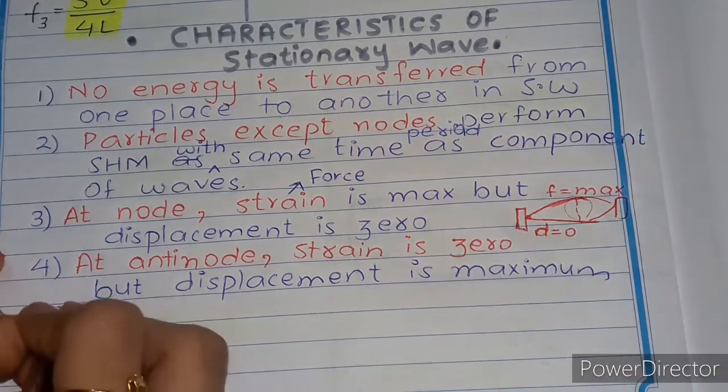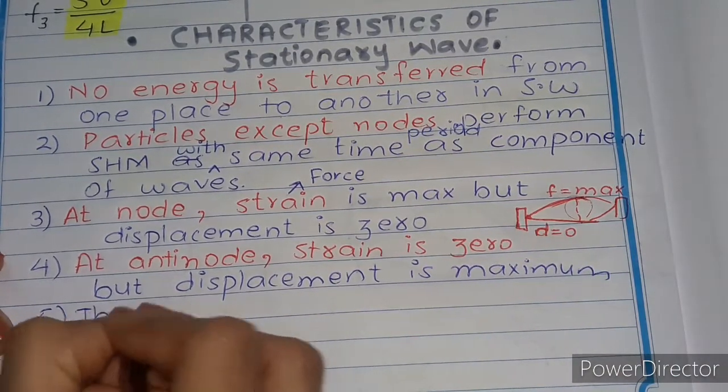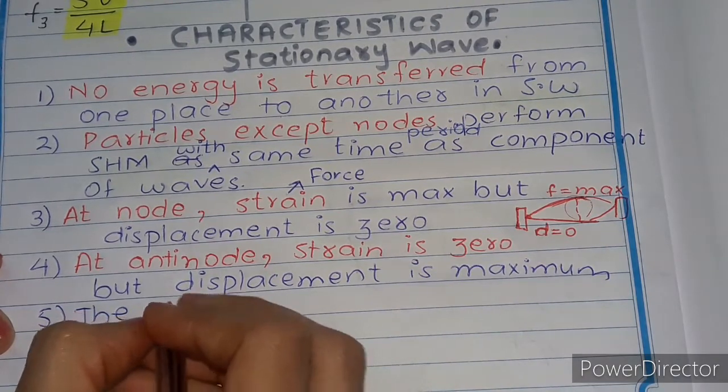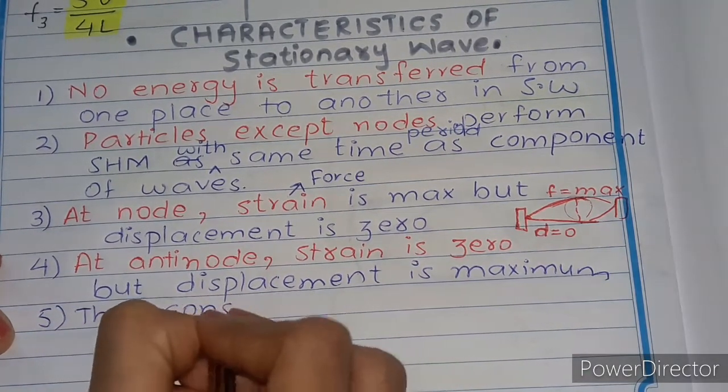Fifth point is the consecutive distance between nodes.